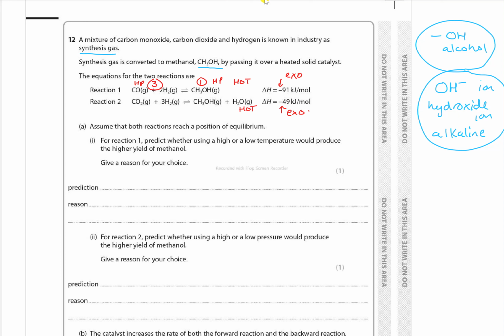Right, and then you've got 4 moles here, 1, 2, 3, 4. You've got 1, 2 here. So this is the high pressure side and this is the low pressure side. Okay, now that's sorted. Assume that both reactions reach a position of equilibrium. For reaction 1, predict whether using high or low temperature would produce higher yield.